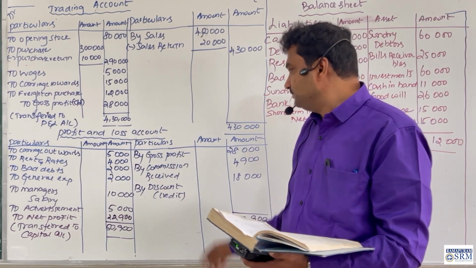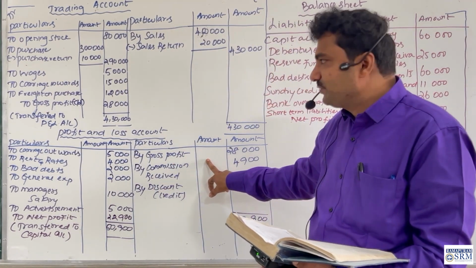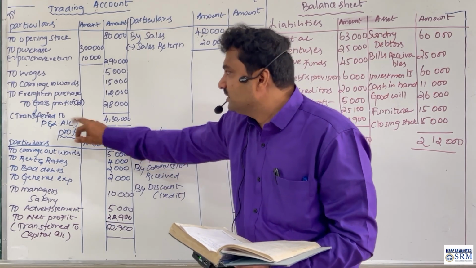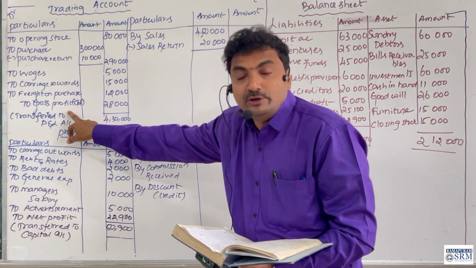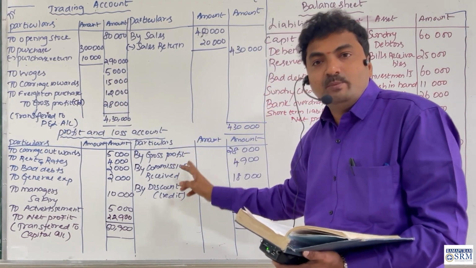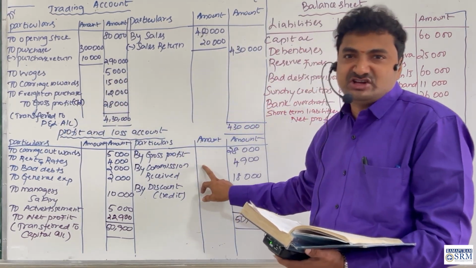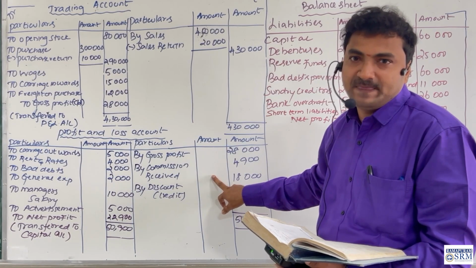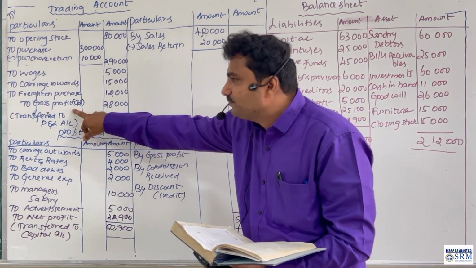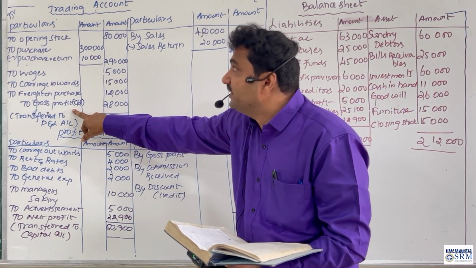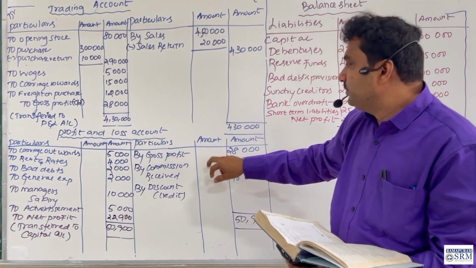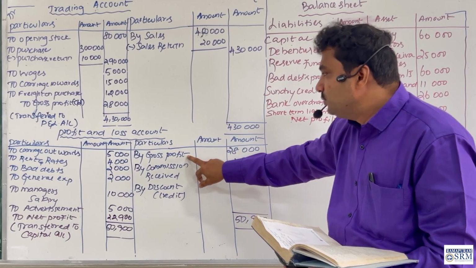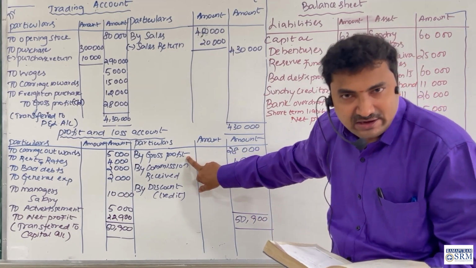Now you just come to the credit side. Whatever gross profit you have calculated in the trading account, you have to input in the profit and loss account credit side, the income side. I repeat once again: whatever gross profit you have calculated in the trading account, you have to input in the profit and loss account credit side as an income.